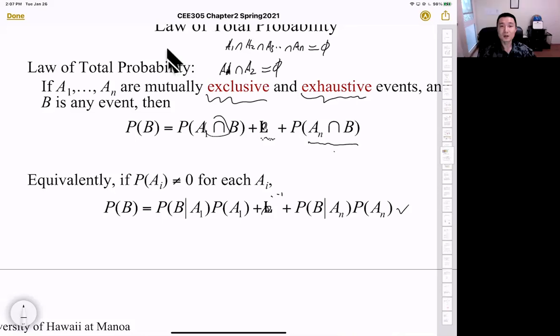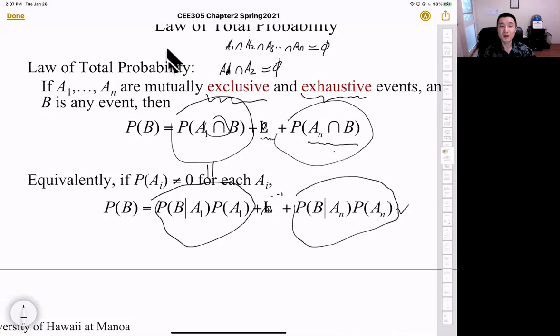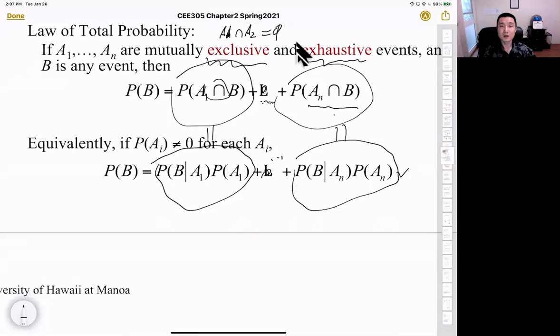These two equations are the same because this part is equal to this part, and that part is equal to that part, which we discussed last week. Last week we talked about conditional probability. For example, P(B given A1) is equal to P(B and A1) over P(A1).